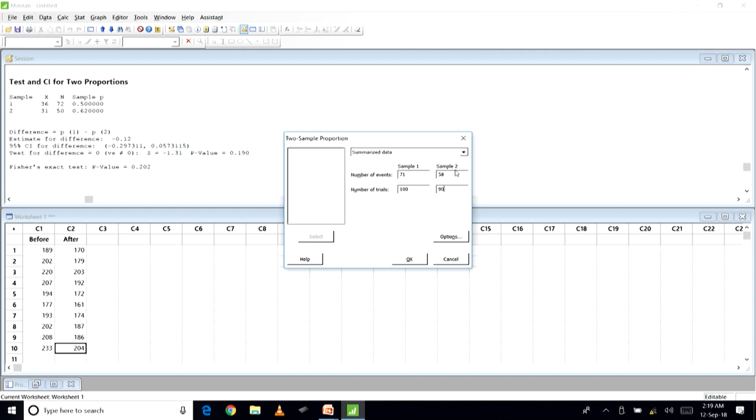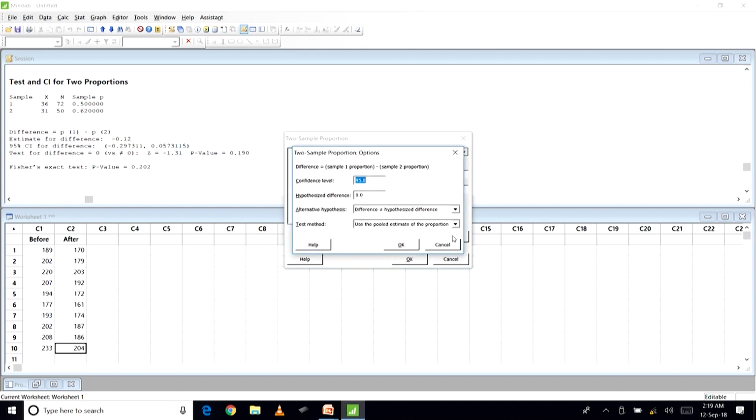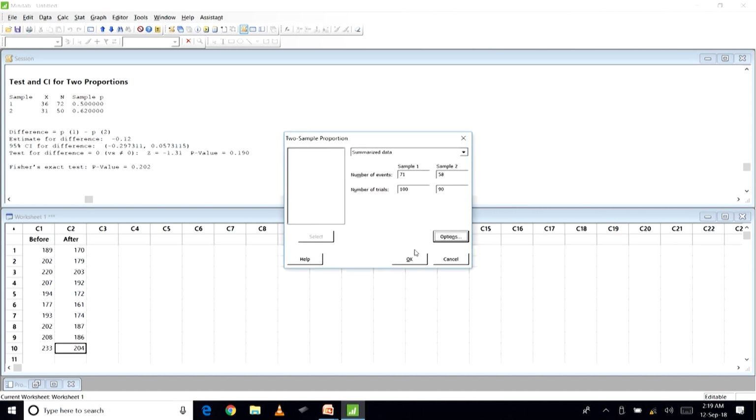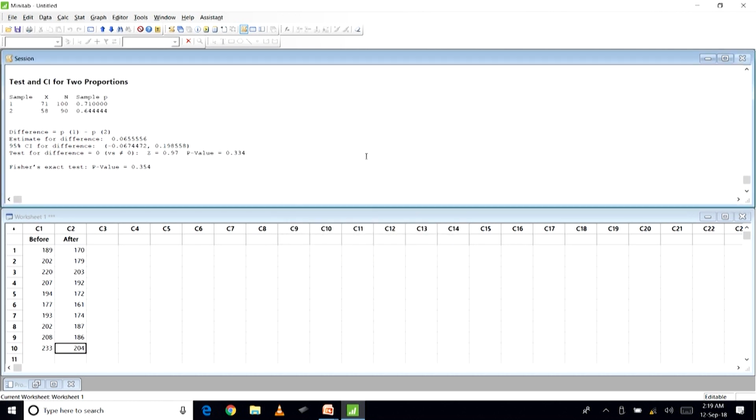So, out of 90 trials, 58 is the number of events. Now, go to options, we will have the confidence level as 95%, the alternative hypothesis will remain the same, and we have to use the pooled estimate of the proportion, right. So, we will click OK, again OK.